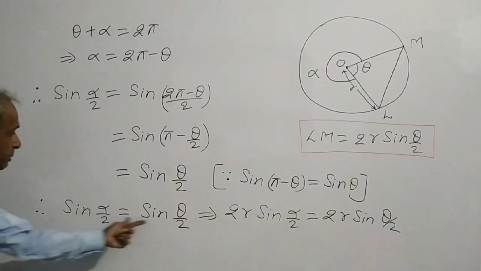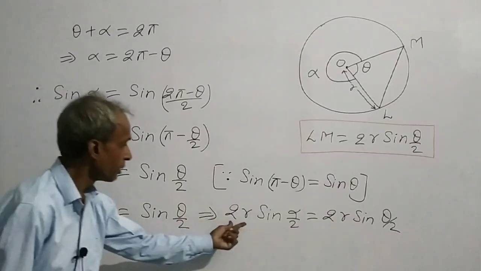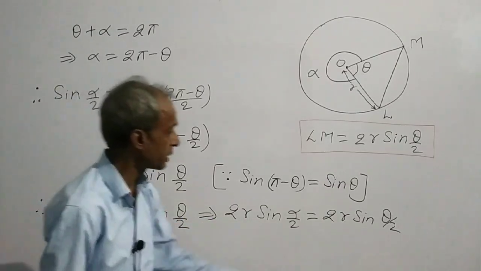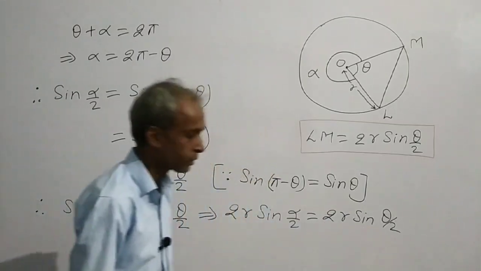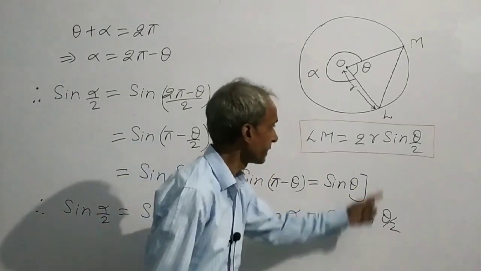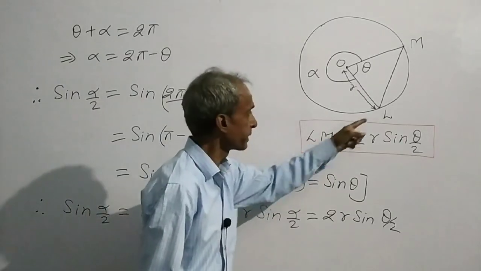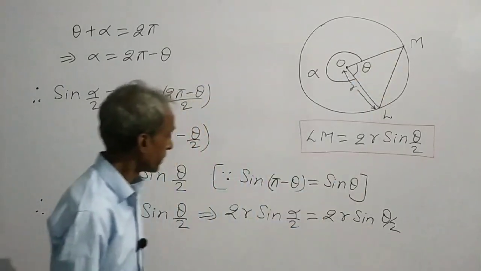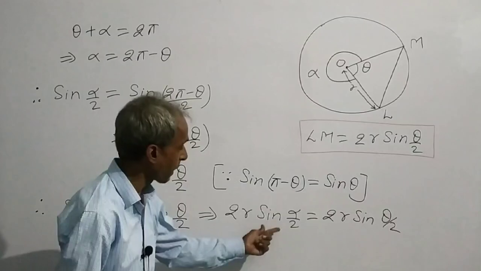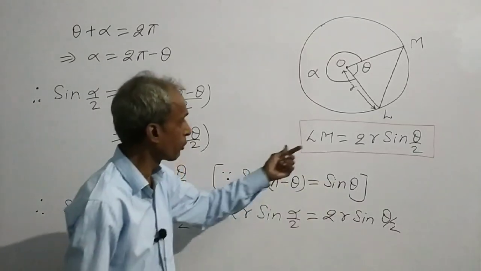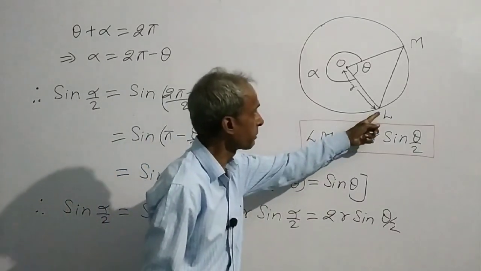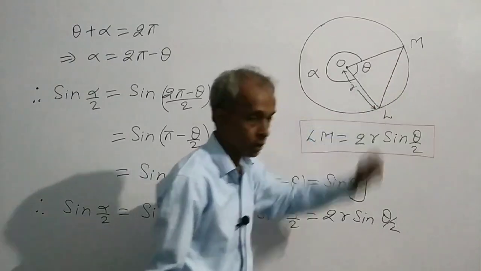Multiplying both sides by 2r, we get 2r sin alpha by 2 is equal to 2r sin theta by 2. But 2r sin theta by 2 is equal to Lm, that means the length of chord. Therefore, 2r sin alpha by 2 will also be equal to Lm, the length of chord.